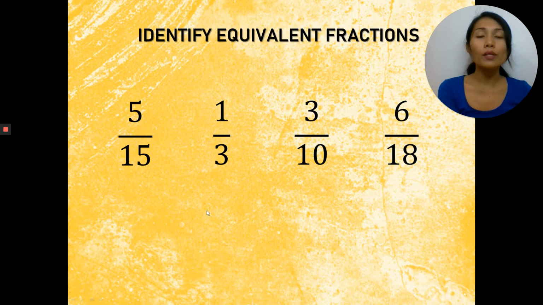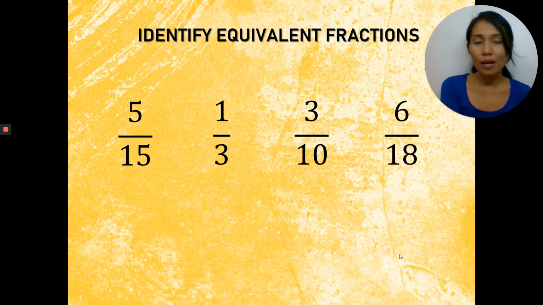So how are we going to identify equivalent fractions here? As I've said in our keyword, find the odd one out. In this set of fractions, where's the odd one out? Let's pull it out. To identify equivalent fractions, we still do the same.